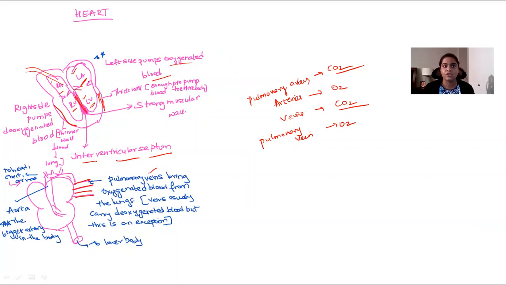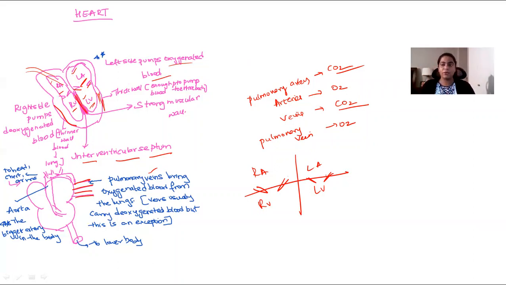So here between atrium and ventricle, we have AV valves, atrioventricular valves. Okay, so I told you that, for example, this is left atrium, left ventricle, right atrium, right ventricle. Here you have valves, like the openings. Now, blood has entered, I told you, from pulmonary vein to the left atrium, right?